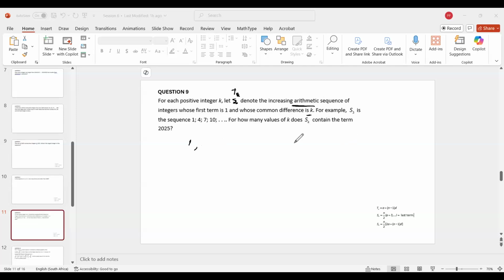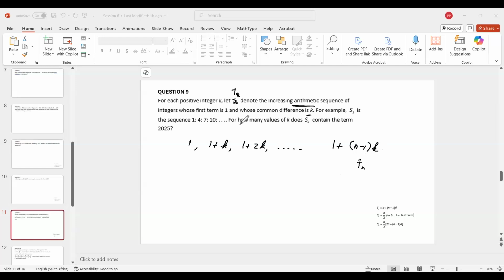You're adding k. That's the common difference. So the next one will be 1 plus k. The next one will be 1 plus 2k, because you keep adding k. And we saw that this will be 1 plus the nth term. This is the nth term.